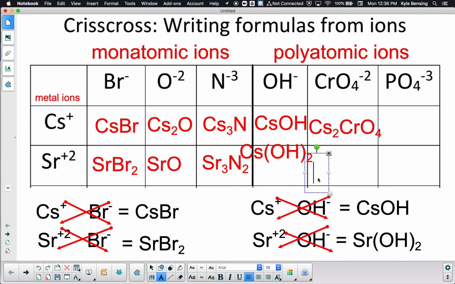So we can just write this one as Sr and then CrO4, and we don't have to change anything. No subscripts, no new subscripts, and no parentheses. Like that.